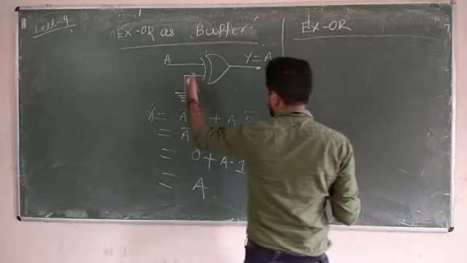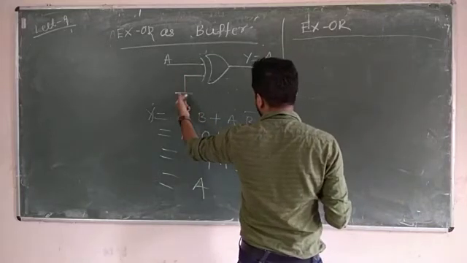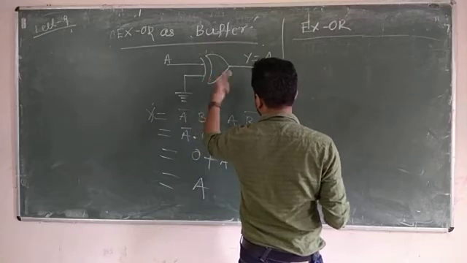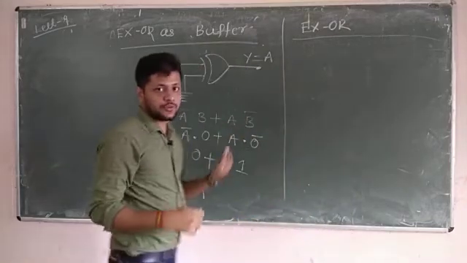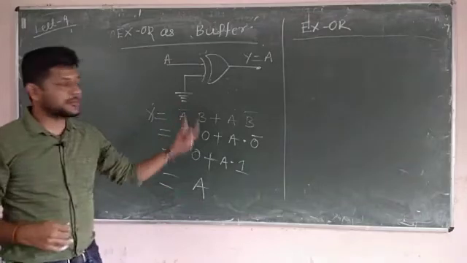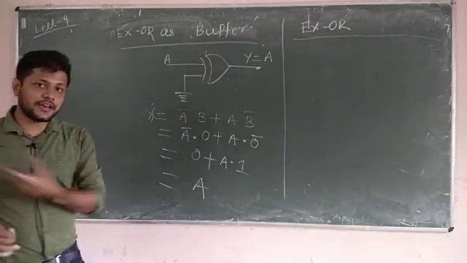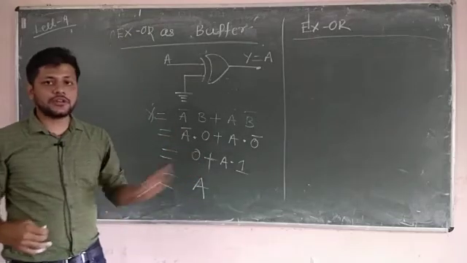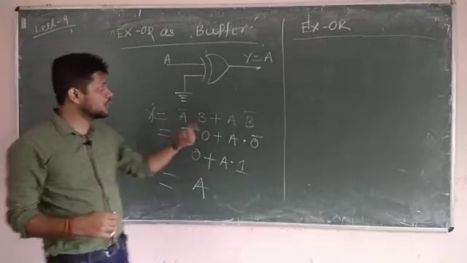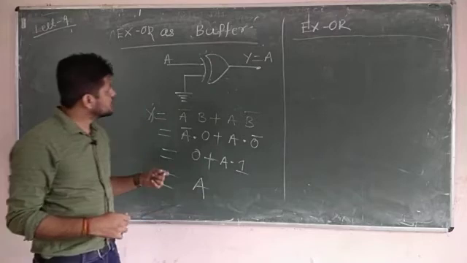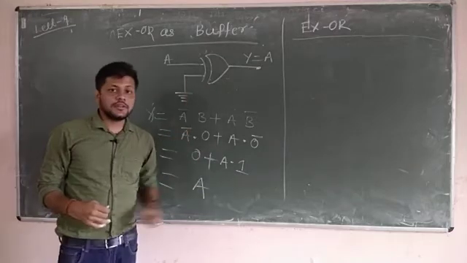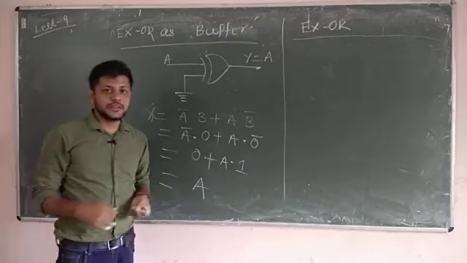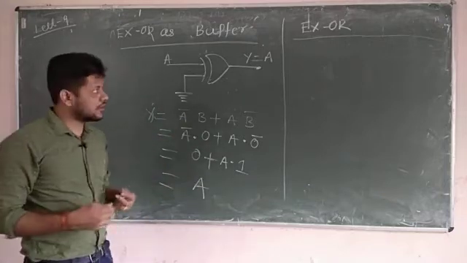When one of the input is 0 in an exclusive OR gate, they will ask whether it acts as buffer, inverter, OR gate or AND gate. They will put some options, and you need to find out which option is correct. This type of question mostly comes from the application part in entrance or any competitive examination.